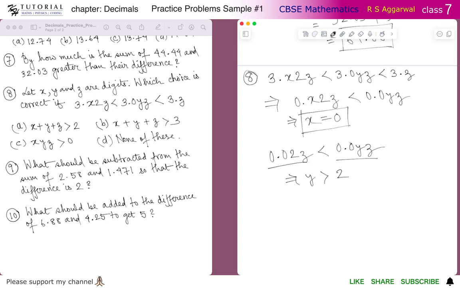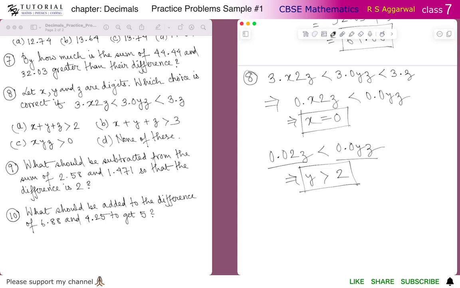Okay, so we got y greater than 2. What else can we get? Also, what about the 3.z? What can we say about z?